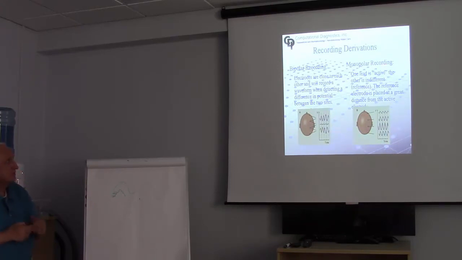Monopolar recordings, as I said, you're always recording between 2 sites. So the nomenclature is kind of not good, but the key idea is that one electrode is active and the other is indifferent to the generators that you're trying to look at. So we were looking at CZ to A1.